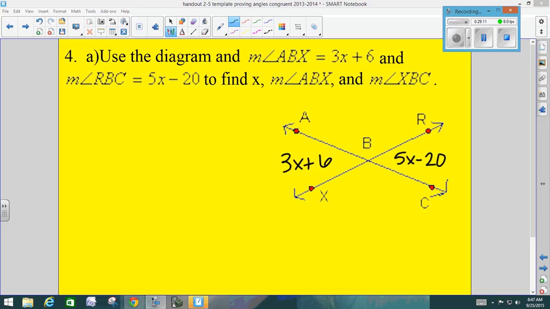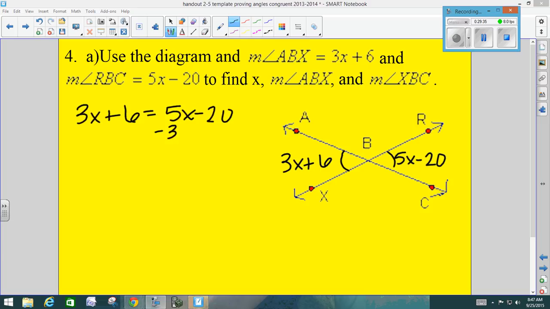No, because you said they're equal to each other. Complementary means that they would add up to 90, right? Okay, look back at the start of the notes for today, the very beginning of it. What kind of angles are formed by intersecting lines? There you go, vertical angles. These are vertical angles, so they're going to be congruent to each other. So set those expressions equal.